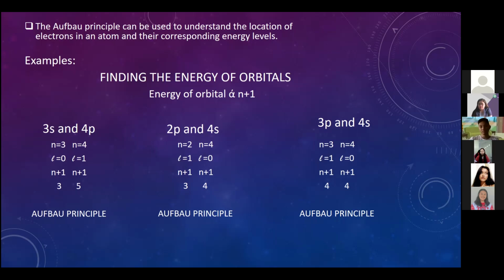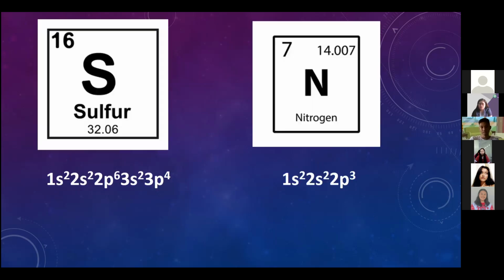Next. Here are some examples. Writing the electron configuration of sulfur. The atomic number of sulfur is 16, implying that it holds a total of 16 electrons.